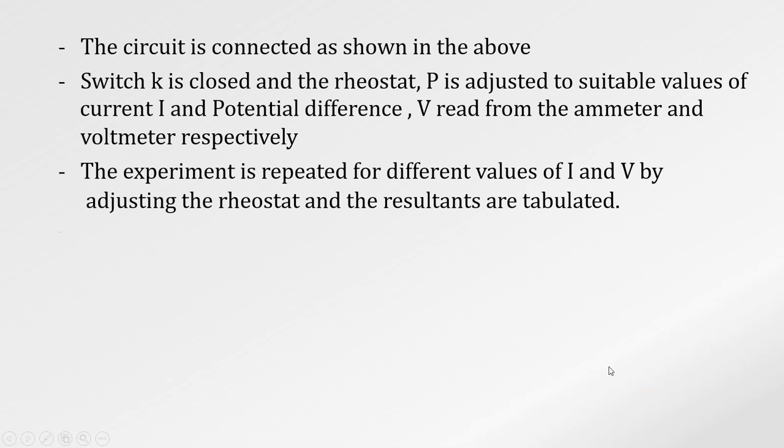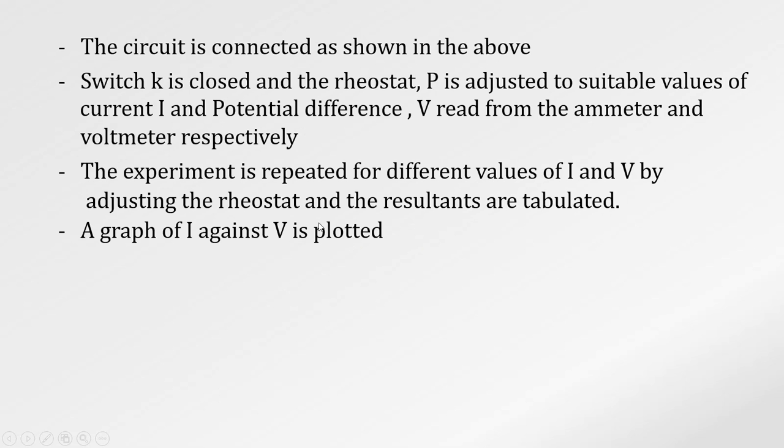After you have read them, you repeat the experiment by adjusting the rheostat. You get other values of I and other values of V, and then the results are tabulated. To tabulate simply means to put your results in a table. So you will have a column of I in amperes and a column of V in volts.